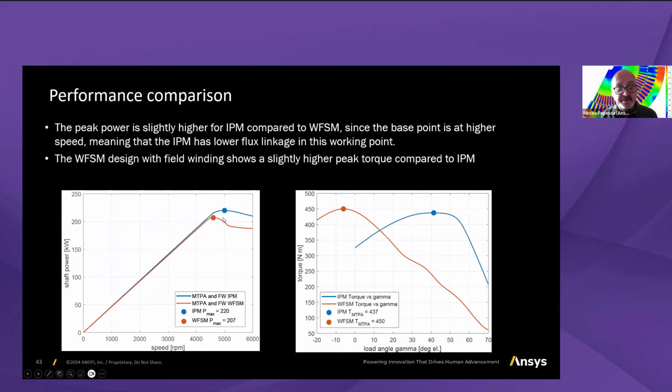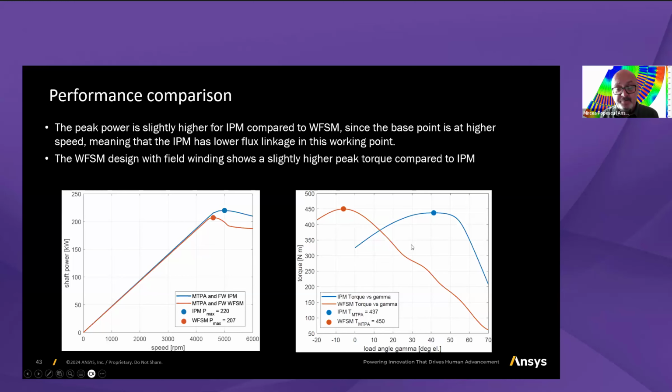You can see here we couldn't match the same performance within the same dimensions, having exactly the same stack length, the same stator lamination.